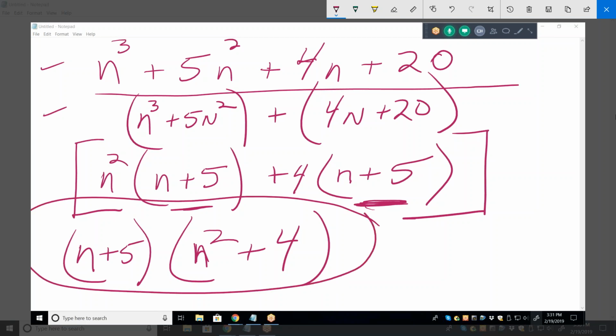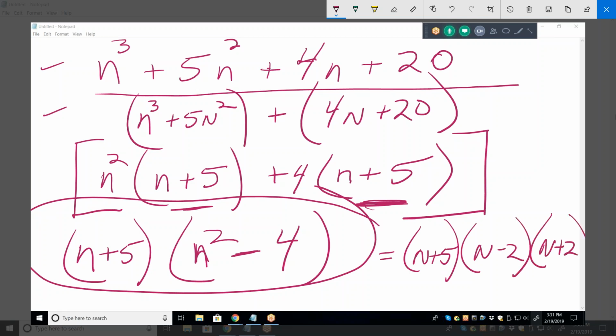In other words, when you reach a level where you can't go down any further, that's it. As I said, if this had come out to be n squared minus 4, now I've got n plus 5 times n minus 2 times n plus 2. 3 linear factors.